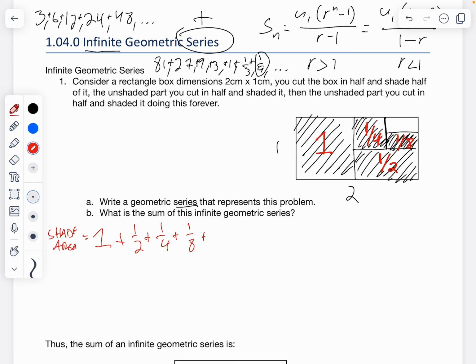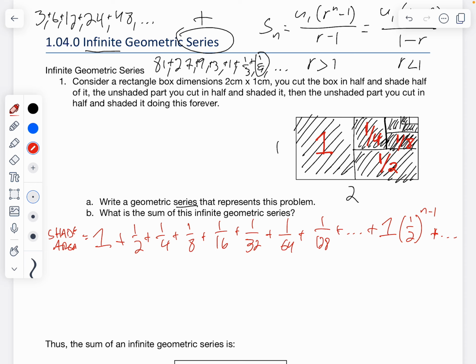Then the next ones would be 1/16th, 1/32nd, 1/64th, 1/128th, and this goes forever. Basically what we have is a geometric series where the first term is 1 and the common ratio is 1/2 raised to the n minus 1, and we're adding that forever.